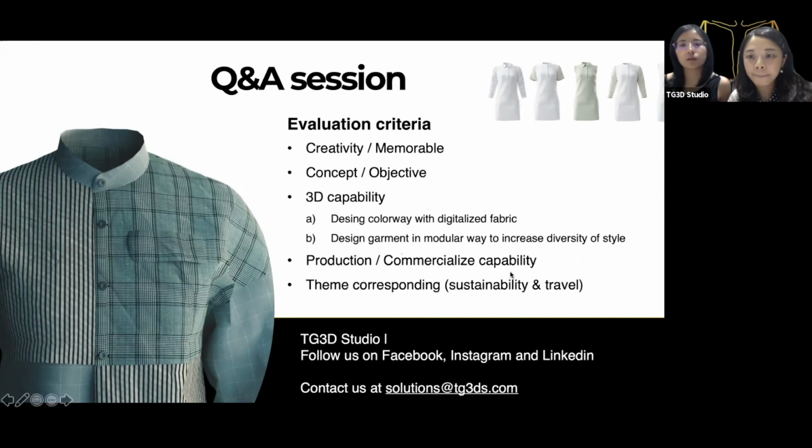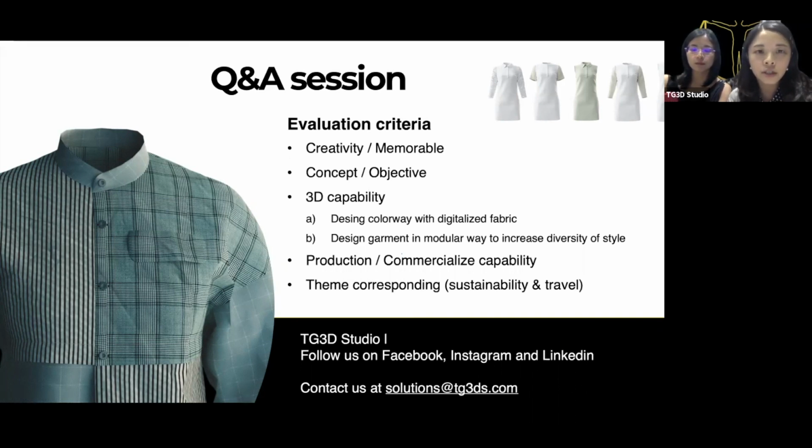And for the 3 finalists, if you are chosen as a finalist of this competition, you will then need to provide us the technical sheet. If you have patterns, you can provide your paper patterns, or if you have 2D patterns, you can provide the 2D patterns.